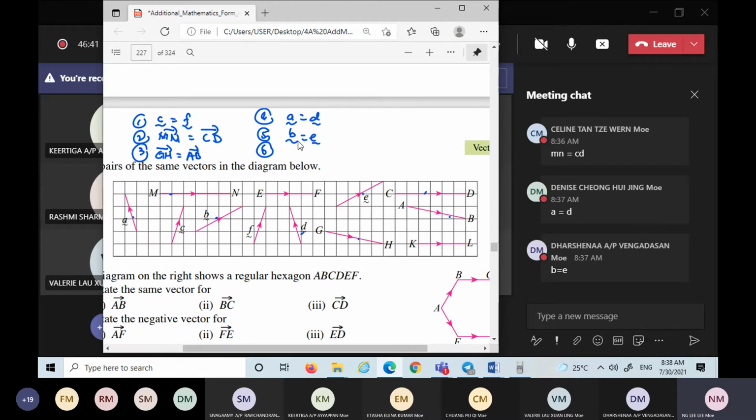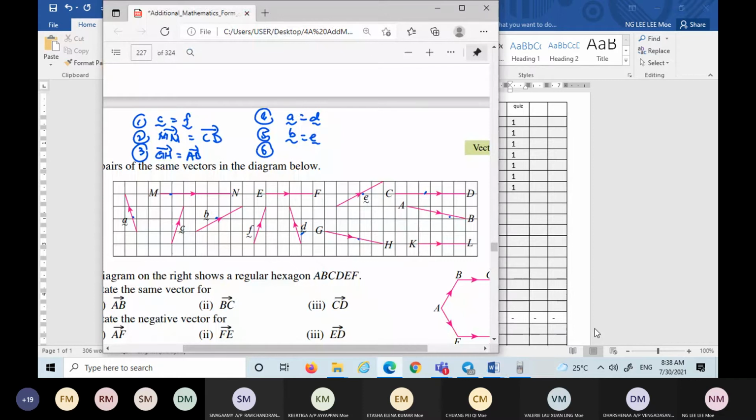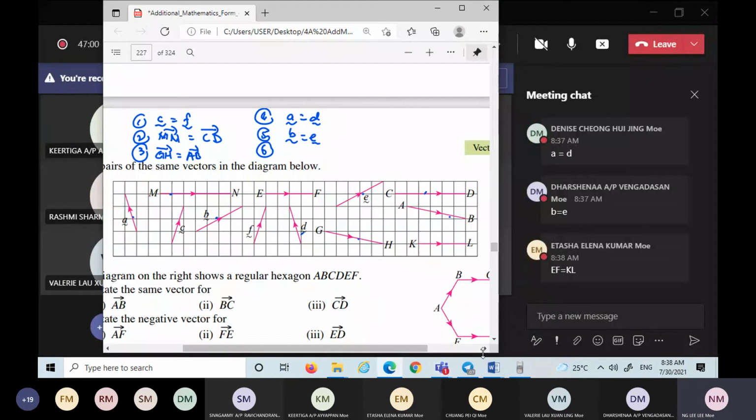Then the last one, Itasha says EF, very simple, and then KL. EF is this one, KL is this one. Good.